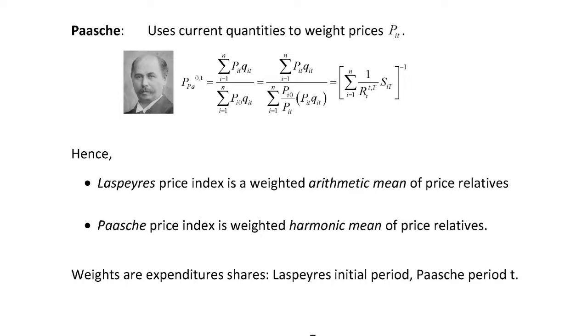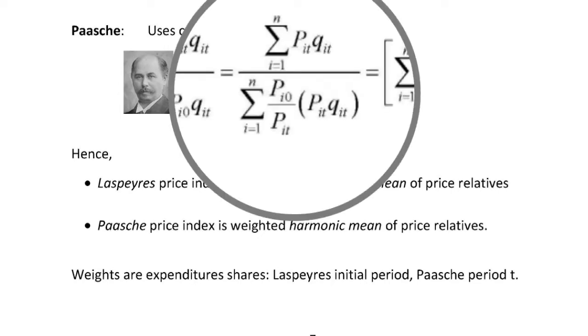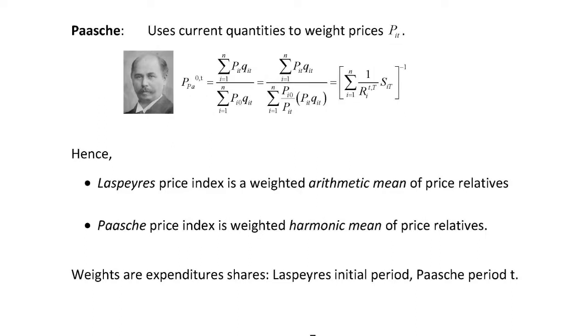We take each term in the denominator and multiply by PIT and divide by PIT. So sigma PI0 QIT becomes sigma PI0 divided by PIT times PIT times QIT.